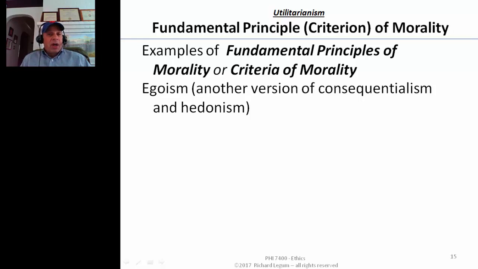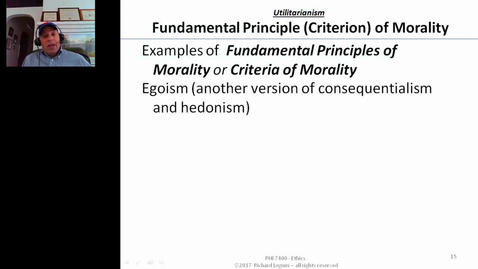And egoism is also, like Mill's theory, a version of consequentialism, in that what makes actions right or wrong according to that theory are the consequences. And it's also a version of hedonism, in that pleasure and pain are the deciding factors of what makes consequences good or bad.